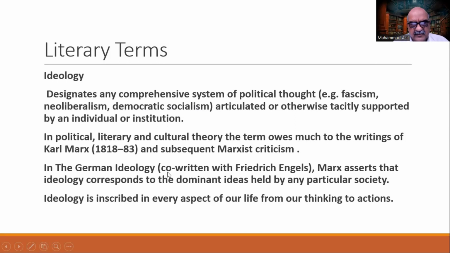In The German Ideology, co-written with Friedrich Engels, Marx asserts that ideology corresponds to the dominant ideas held by any particular society. Ideology is inscribed in every aspect of our life, from our thinking to actions. So it's not just about ideas or concepts or philosophy. Ideology expresses itself in concrete actions.